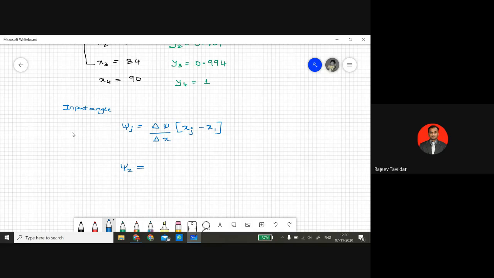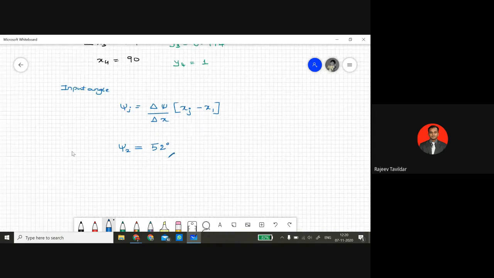Delta x, you know that it is 90. Xj means it is x2 here. You know the value of x2 and you know the value of x1 also. So if you solve this, you should get 52 degrees. Similarly, you can also get the value of psi 3. It happens to be 112 degrees.